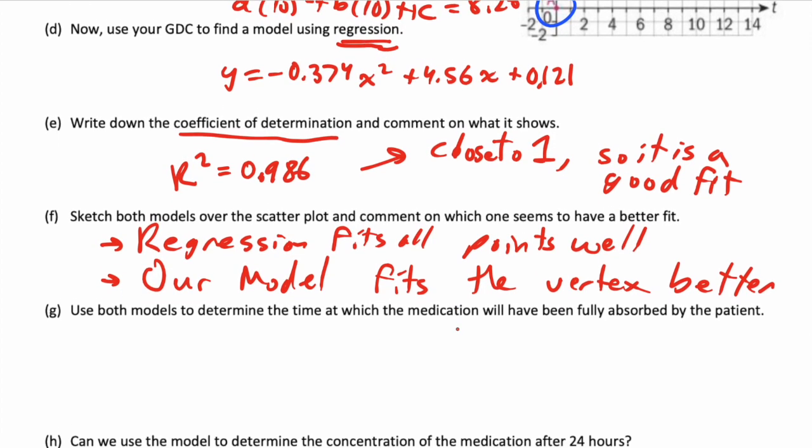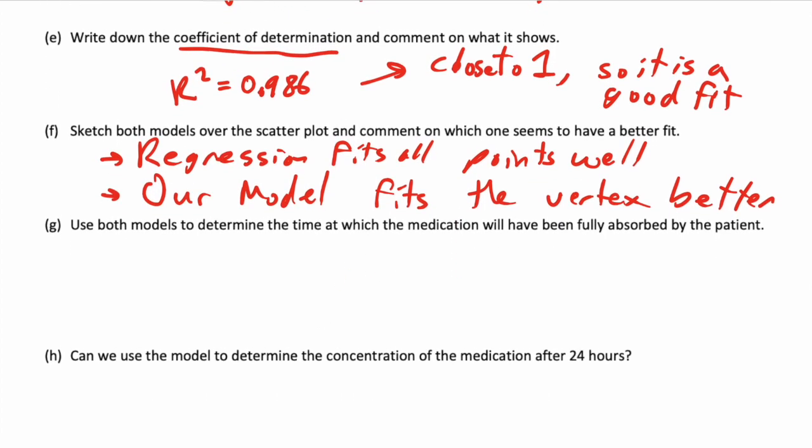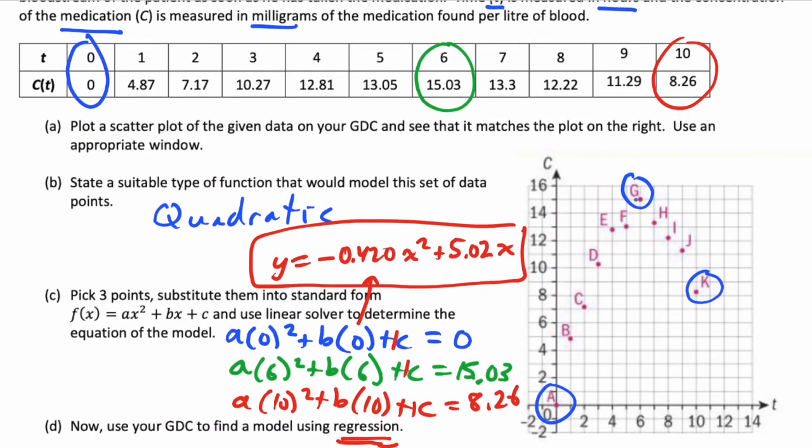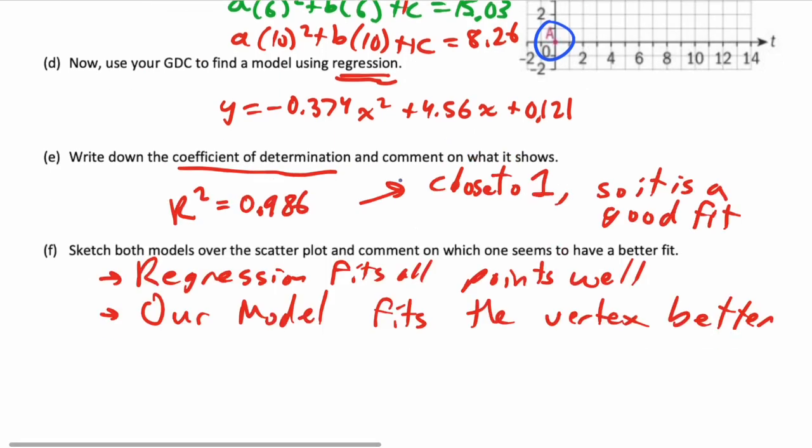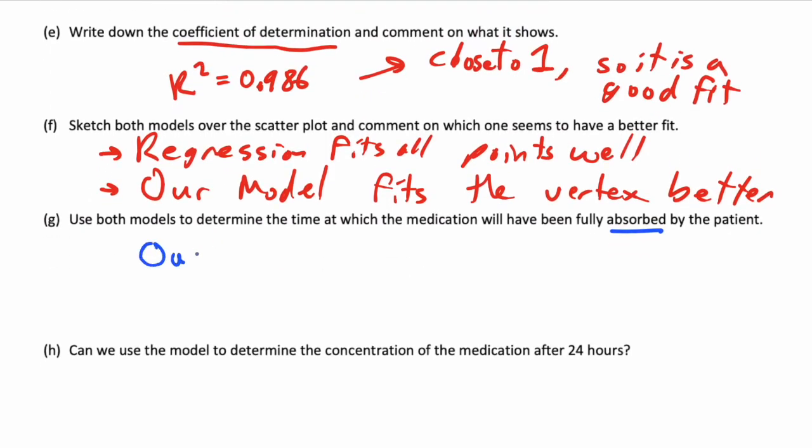Use both models to determine when the medication will be fully absorbed. So that will be the maximum amount of absorption here. We already have from our model that it's going to be 15.03 because we go through that point. So our model has max equals 15.03 milligrams.